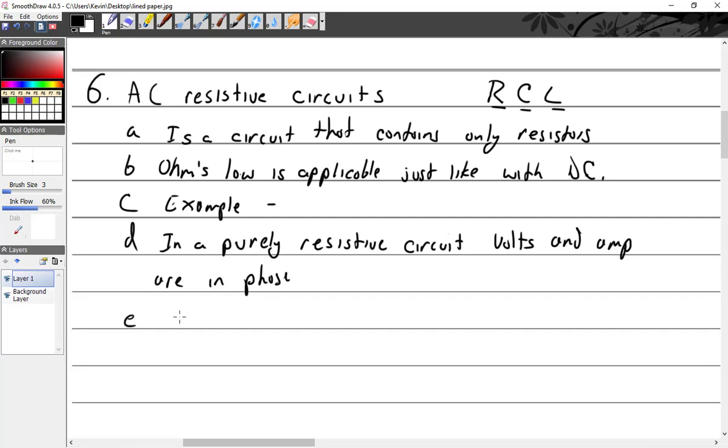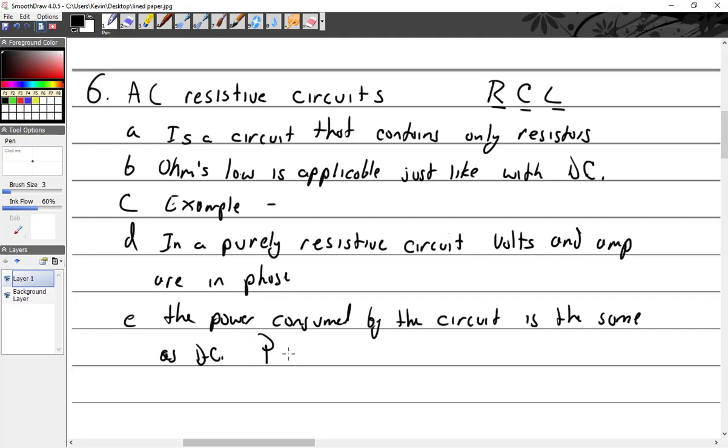So, the power consumed by this type of circuit is the same as DC. Anybody remember that one?